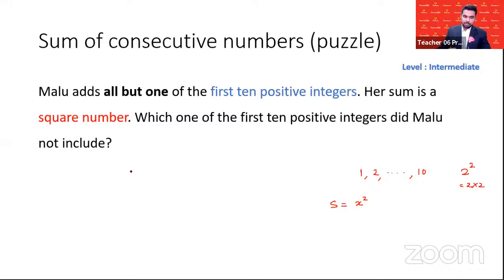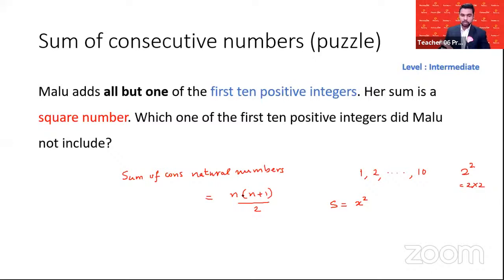In one of the previous lectures, we had introduced the sum of first n consecutive numbers, in fact, natural numbers. So sum of consecutive natural numbers was given as n times n plus 1 by 2. Some of you have already seen this.